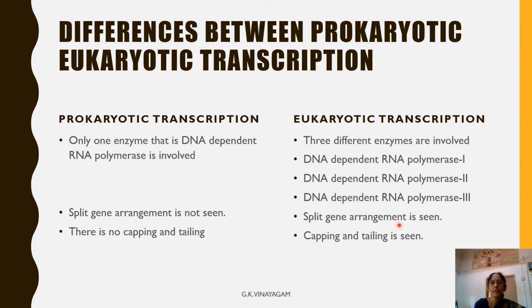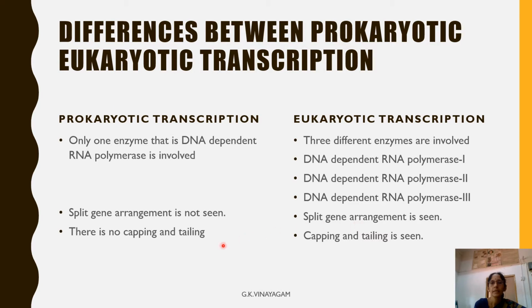Exons are the expressing sequences and introns are the intervening sequences. So during transcription, all the introns are removed and exons are joined by means of the splicing process. So in case of eukaryotes, split gene arrangement is seen and this leads to the splicing process.